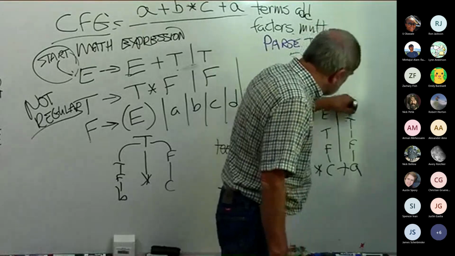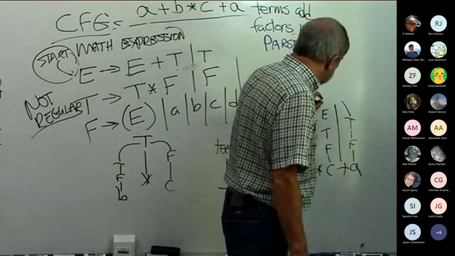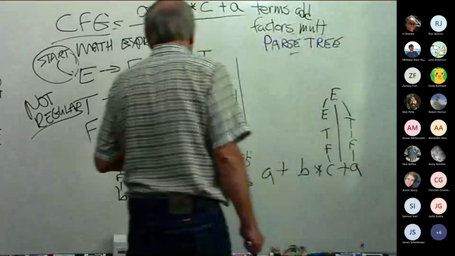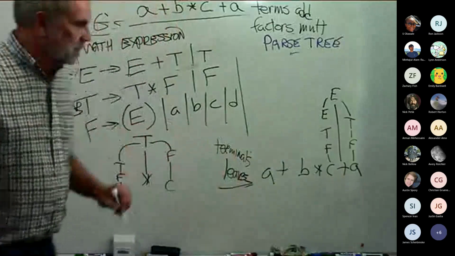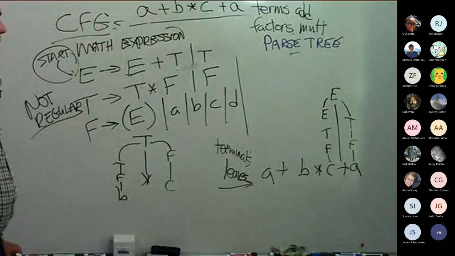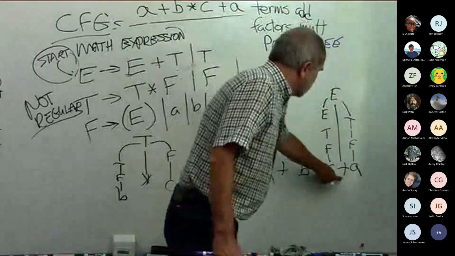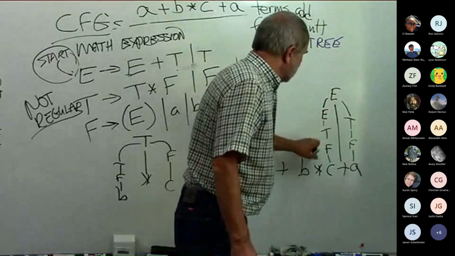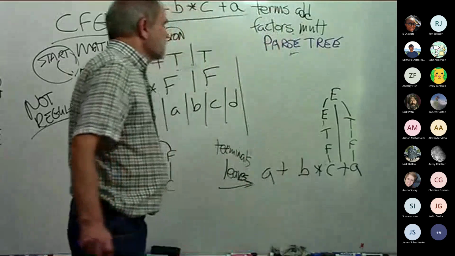And so the E plus T comes from there. So the children of this guy are the E plus T.